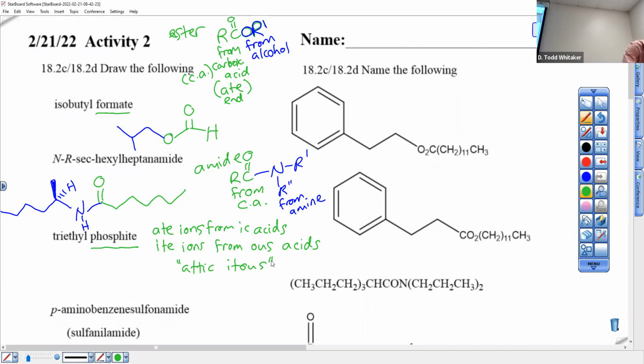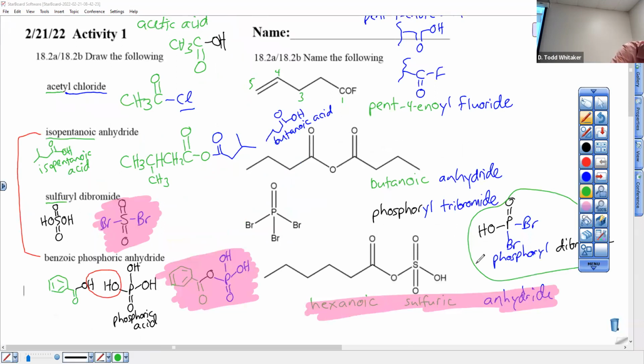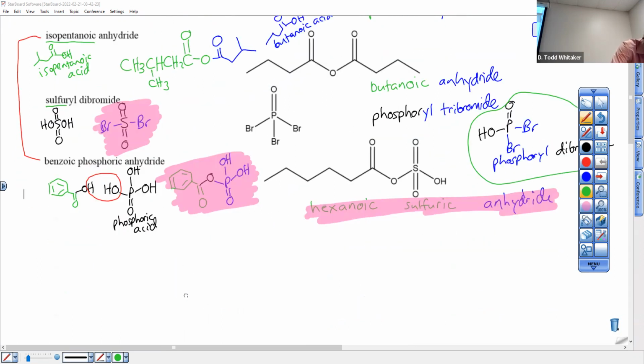Okay. This one, you need phosphorus acid, is what I'm trying to say. Phosphorus acid has one less O than phosphoric acid, just because -ate ions have one more O than -ite ions. So phosphorus acid, if you look on your previous page, phosphoric acid had the 3 OHs. Phosphorus acid will be H3PO3.